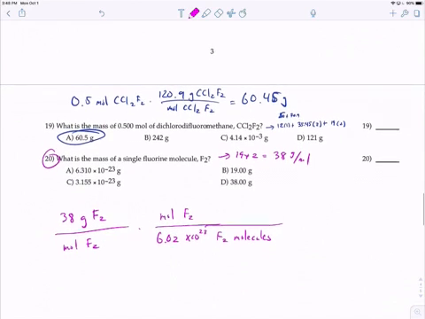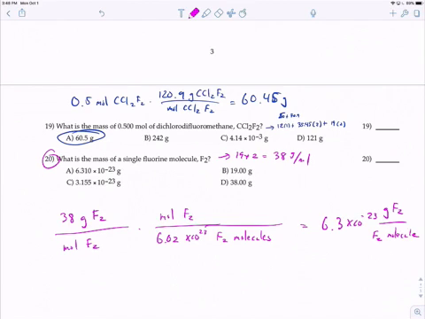And so doing this is going to get you 6.3 times 10 to the minus 23 grams fluorine per molecule. So we're going to divide by Avogadro's number.